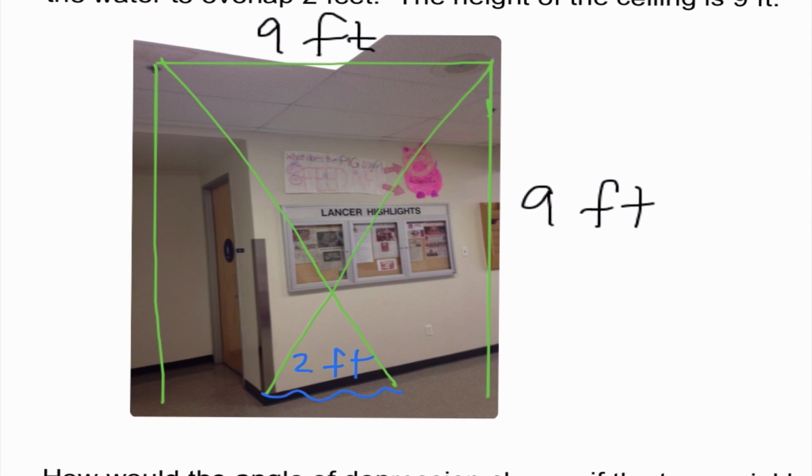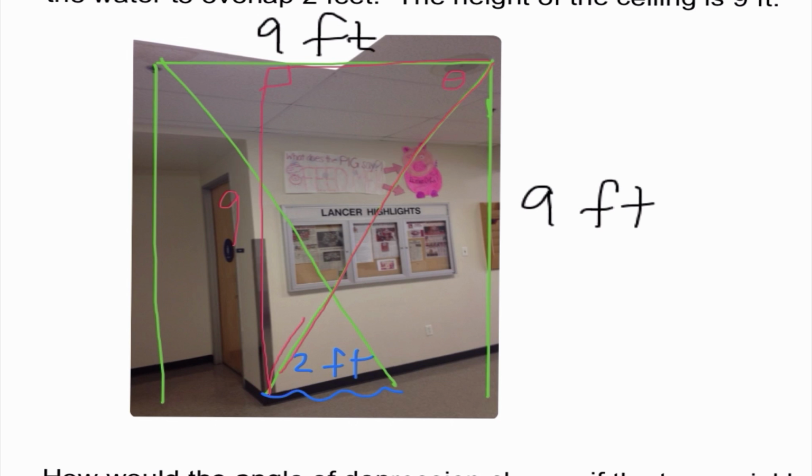So, some things that I just need to know is, first of all, what is an angle of depression? And the whole point of an angle of depression is that it goes out and down. So, if I'm looking at this triangle right here, this would be our angle of depression.